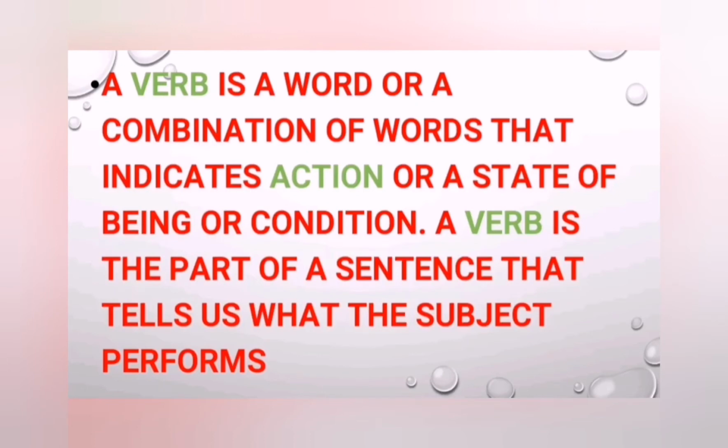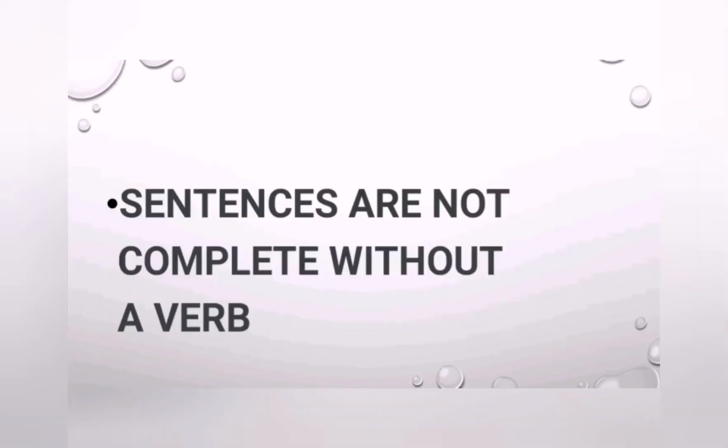A verb is the part of a sentence that tells us what the subject performs. Subject means a person who performs some action, that is subject. Sentences are not complete without a verb.